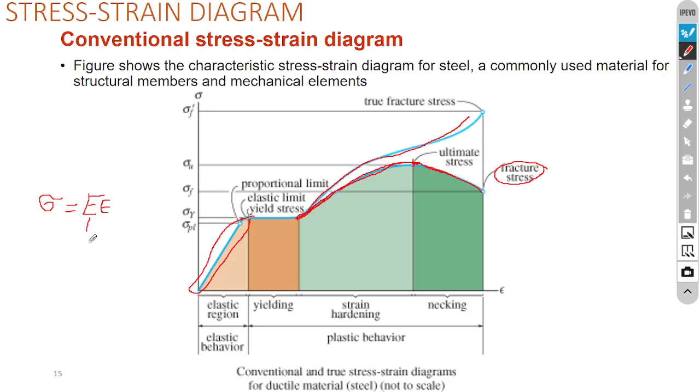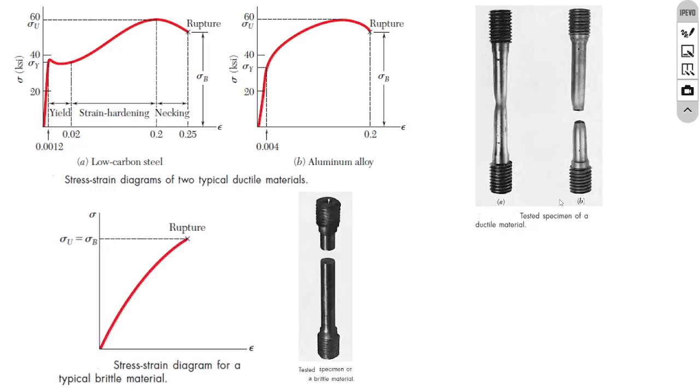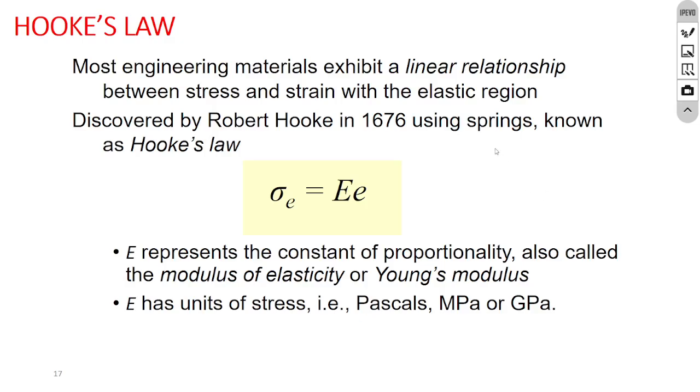This coefficient is called stiffness of the material, or more commonly, modulus of elasticity. Modulus of elasticity or Young's modulus.